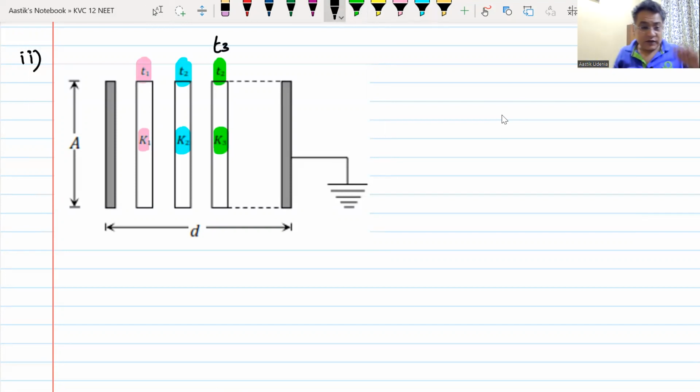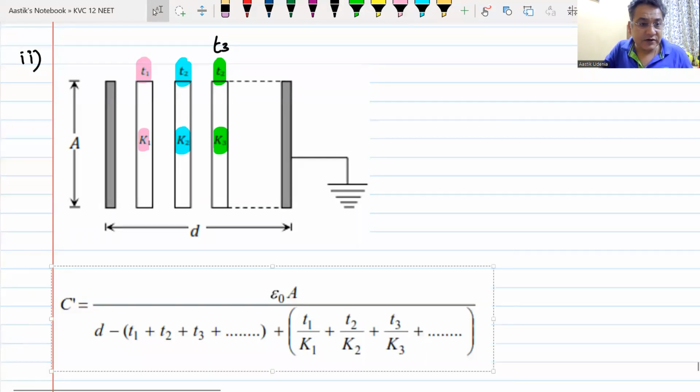Now in this case, what is the effective capacitance? If you just remember the first formula, you can remember this formula as well. You just keep on piling up that formula, and you get this formula. I hope you can remember this formula which is coming on your screen now.